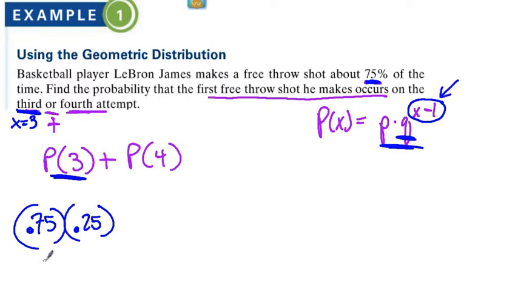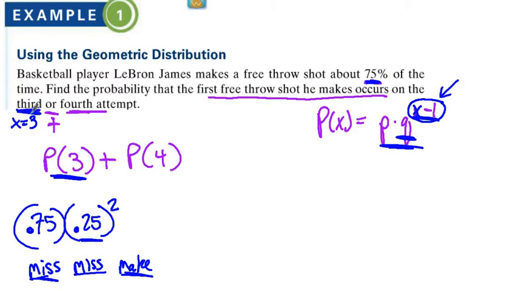Here's what I want you to imagine. If he's taking foul shots and he makes it on the third, the first will be a miss, and the second will be a miss, and only on the third will he be making it. So the reason this is x minus 1 is because if your success is occurring on the third, that means you must have had 2 misses, and that's why we're raising it to the second.